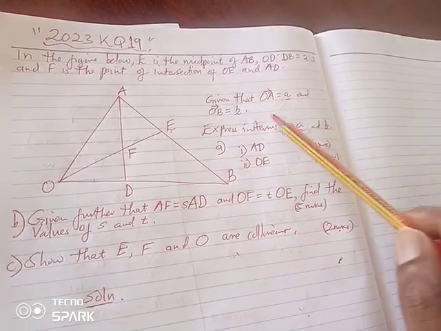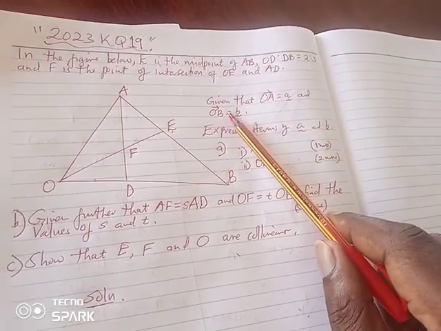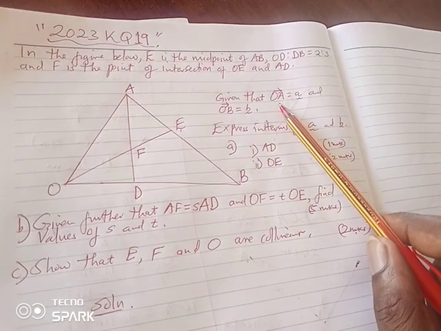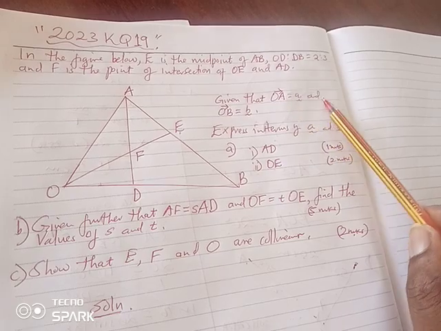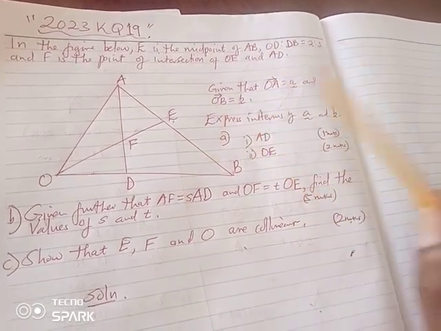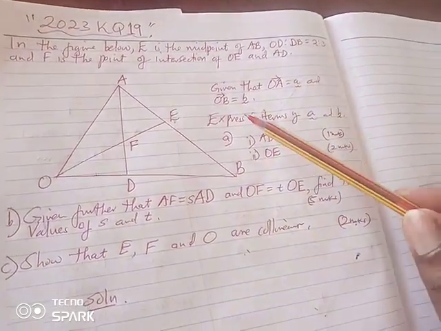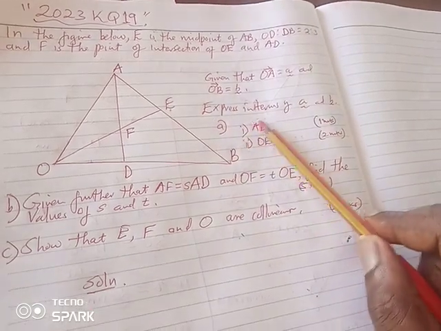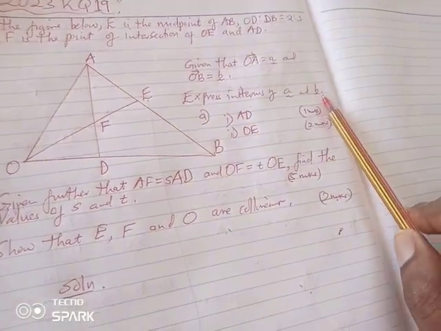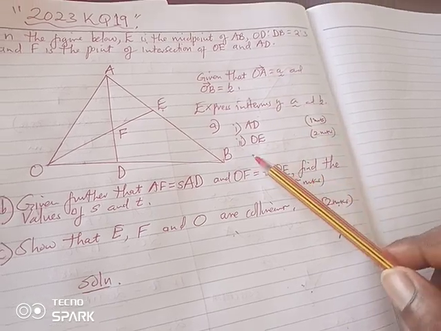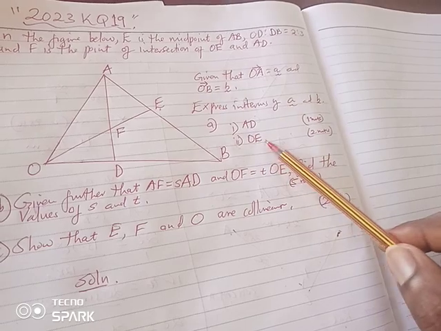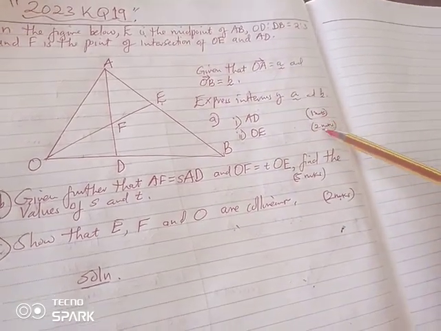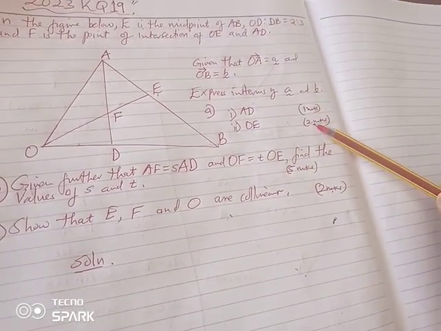More information, given that OA is equal to vector A and OB is equal to vector B. First question, express in terms of vector A and vector B, Roman 1, AD and OE, 1 mark, 2 marks respectively.